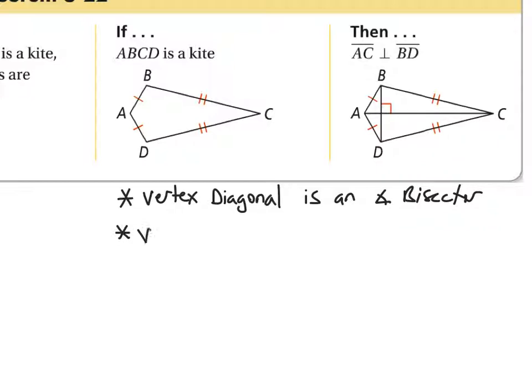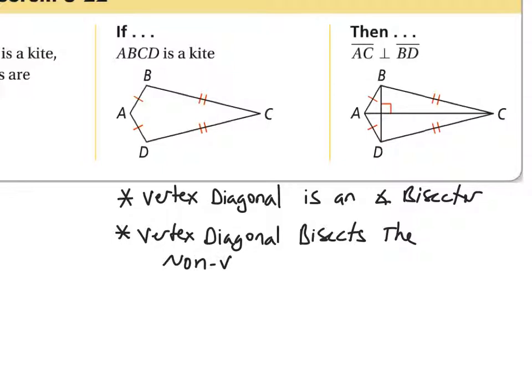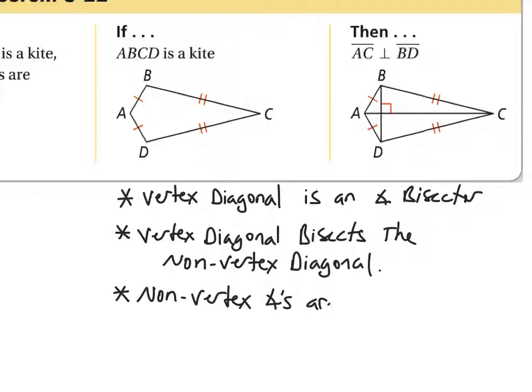We also know that the vertex diagonal bisects the non-vertex diagonal. And the last property that we talked about was that the non-vertex angles are congruent.